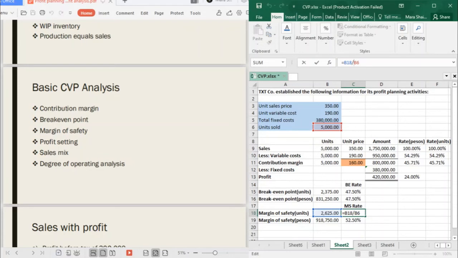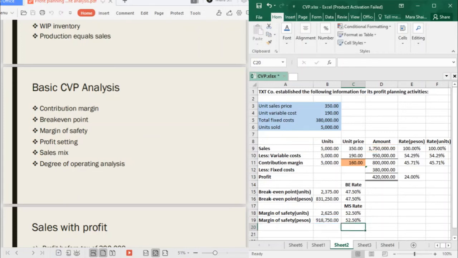If units are the available information, your MSR is simply your MOS in units divided by your units sold, or budgeted sales. And for peso, we use the peso values: your margin of safety in peso divided by your sales. So, that is the MSR.